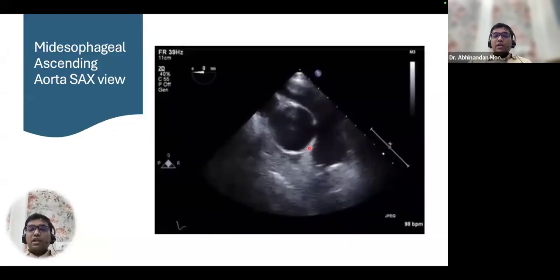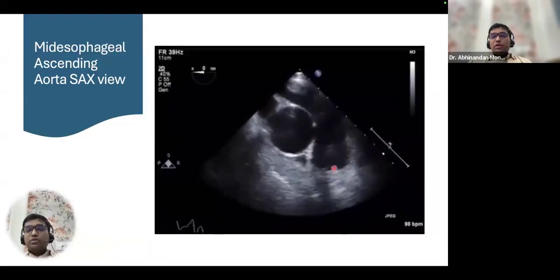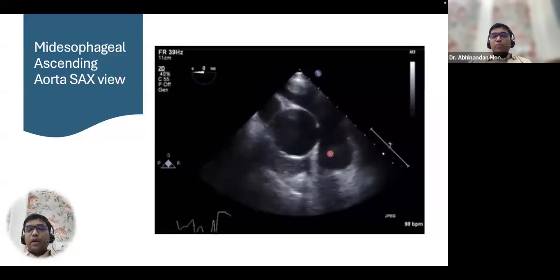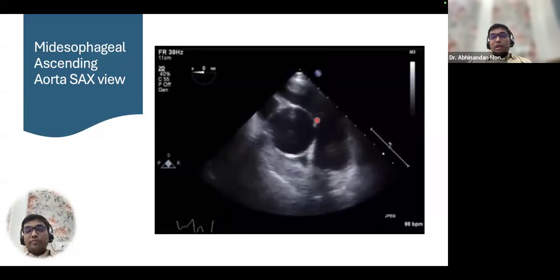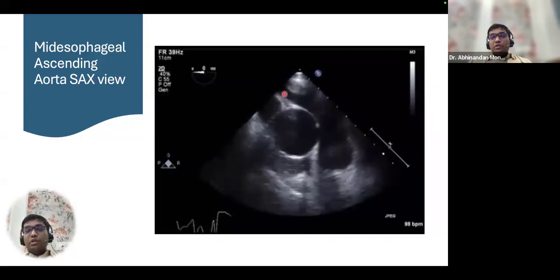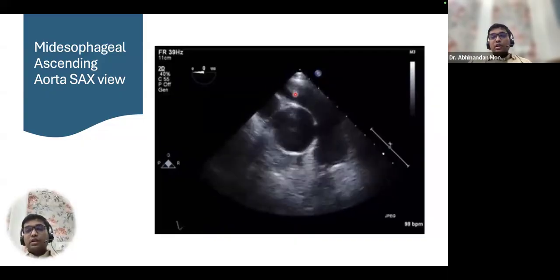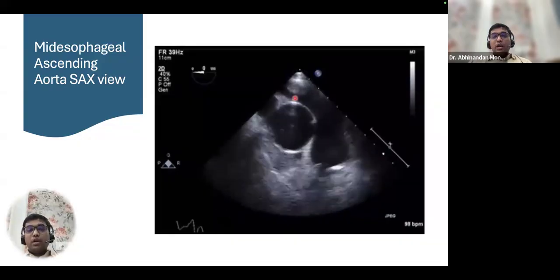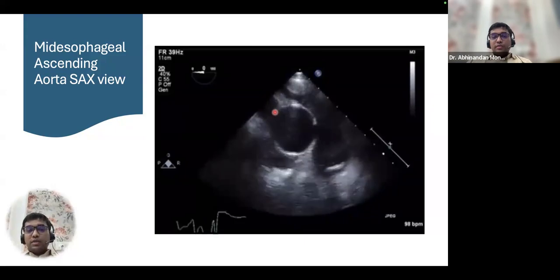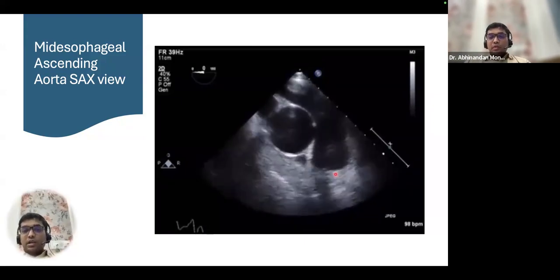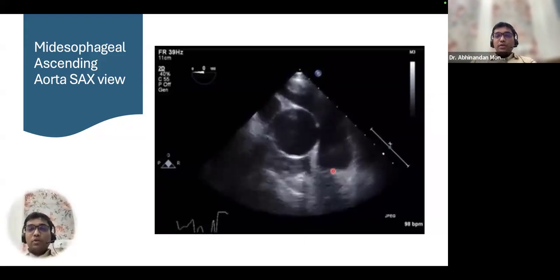So this is your ascending aorta, and you will be able to see the main trunk of your main pulmonary artery over the right side of your image. And this vessel you are seeing is your right pulmonary artery, and this vessel is your SVC. This is the pulmonary valve that you are able to see.